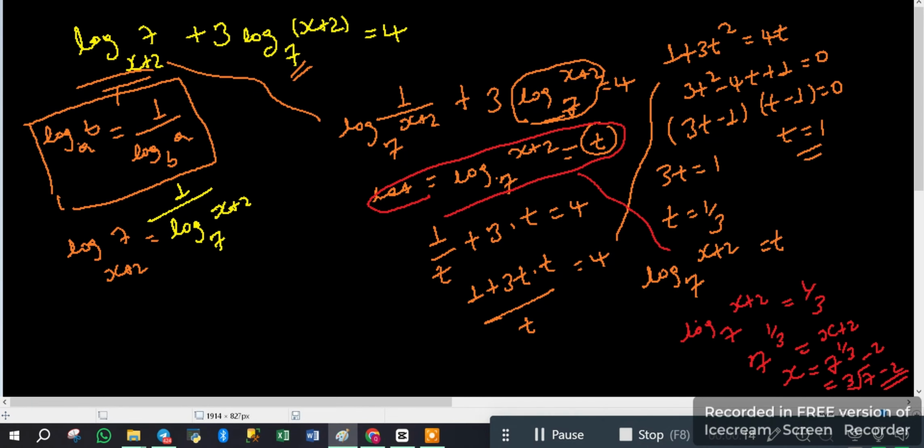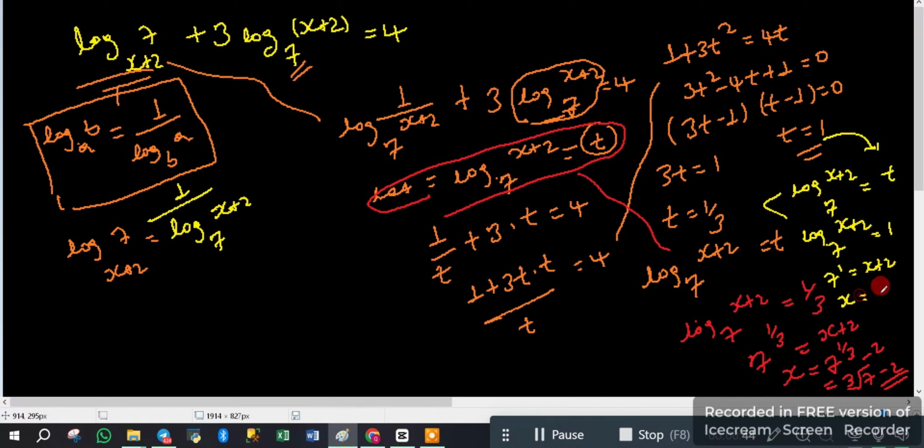And the second one, the same thing, you have to substitute log x plus 2 base 7 is equal to t. So we have to use this t value. That means log x plus 2 base 7 is equal to 1. 7 to the power of 1 is equal to x plus 2.